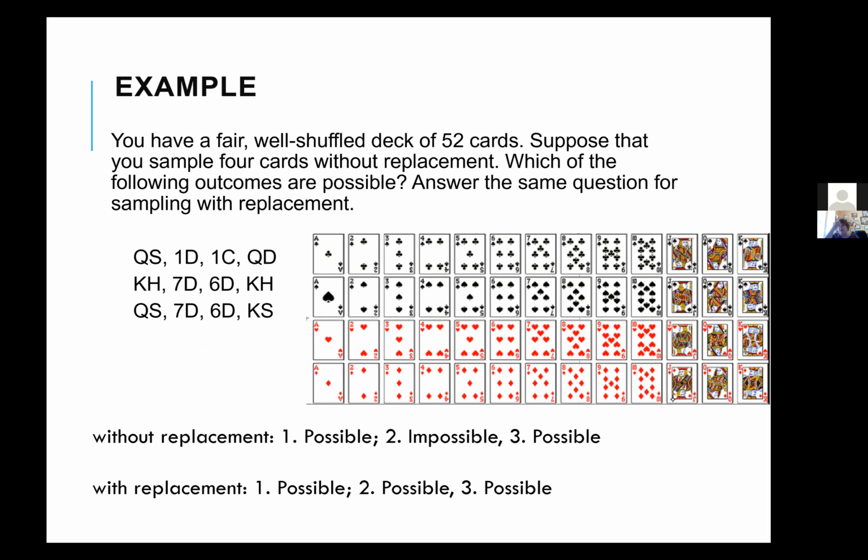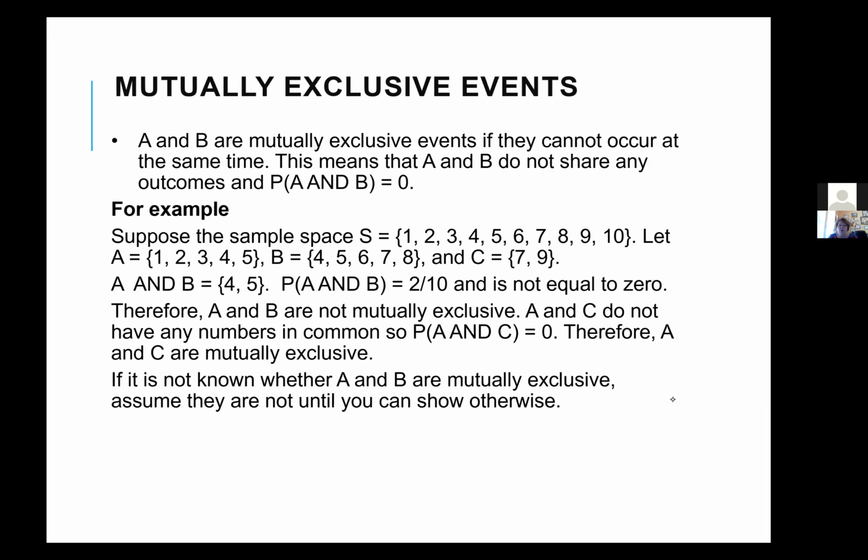All right, so that's independent events. What do we mean by mutually exclusive? Mutually exclusive events cannot occur at the same time. So A and B are mutually exclusive events if they cannot occur at the same time.